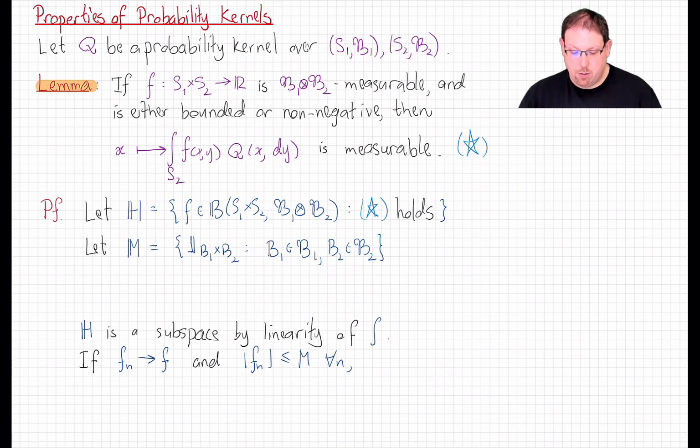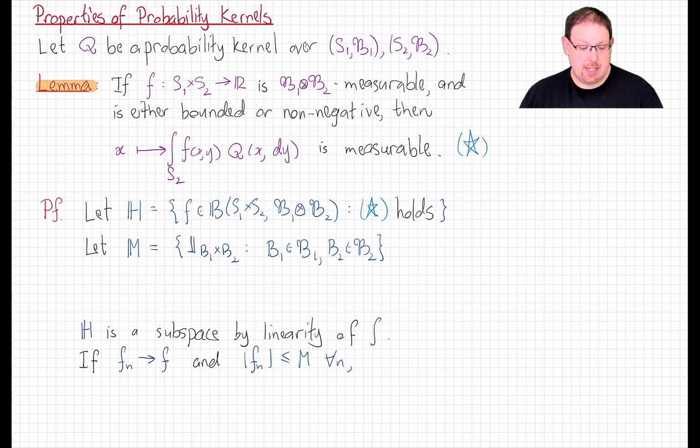The result will be a function of x, which could take infinite values if the function is positive but not bounded. But at least the integral will make sense, of course, in either of these cases. And the result that we need here is that that function of x is actually going to be a measurable function. That is, it's measurable from this measurable space to the real line equipped with the Borel sigma field.